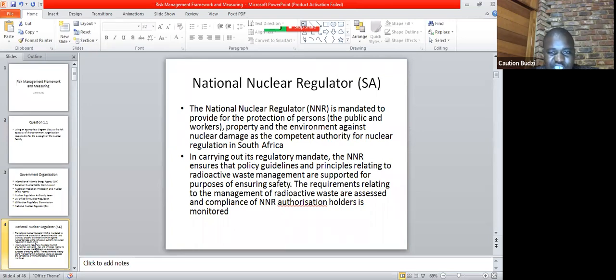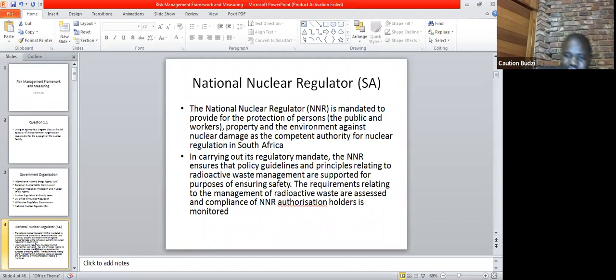The National Nuclear Regulator of South Africa, in brief, is mandated to provide for the protection of persons, which includes the public and the workers, and also the protection of property and environment against nuclear damage, as the competent authority for nuclear regulation in South Africa.